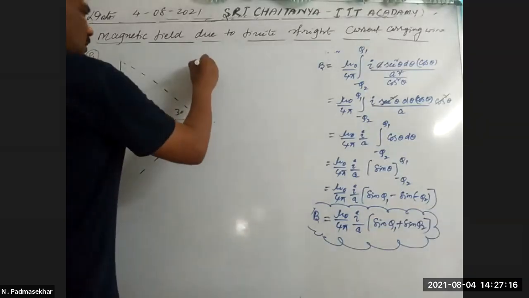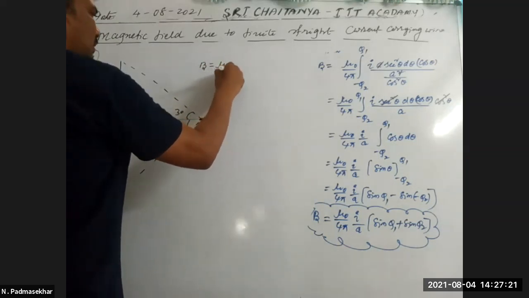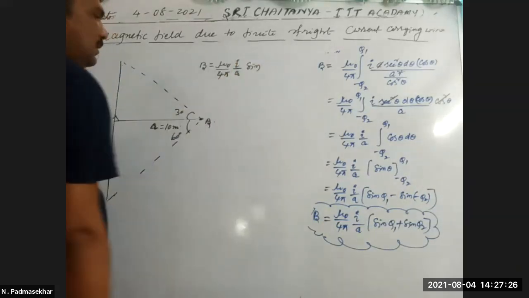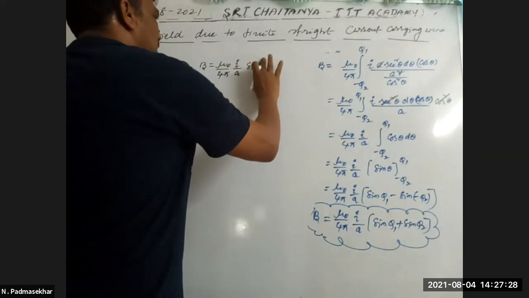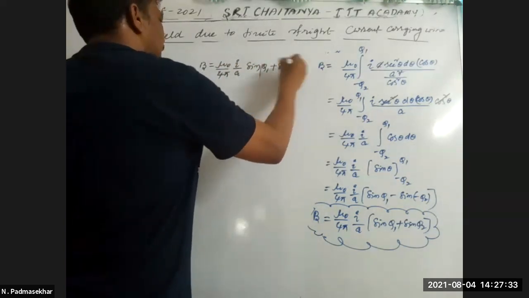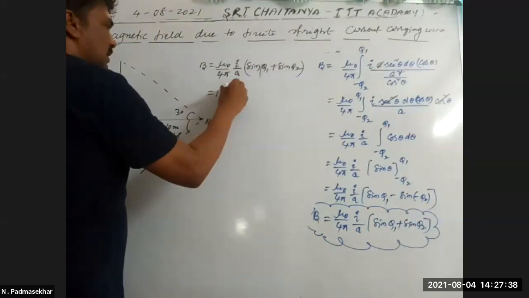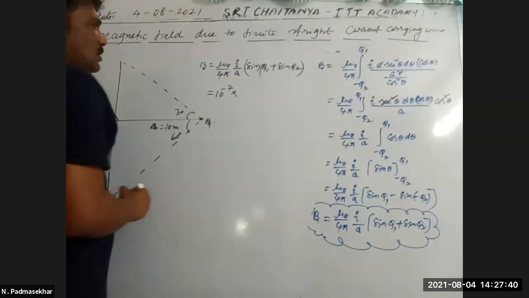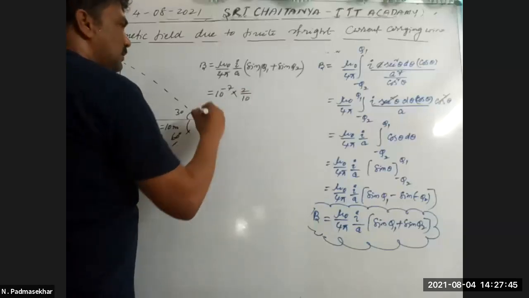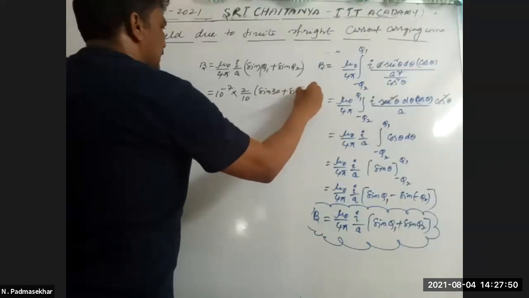You see that B is equal to mu naught by 4 pi, I by a, sin phi 1 plus sin phi 2. So mu naught by 4 pi is 10 power minus 7, I is 2 amperes, distance is 10, and this is sine 30 plus sine 60.